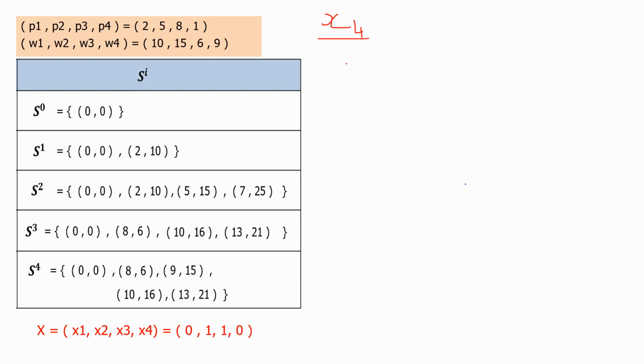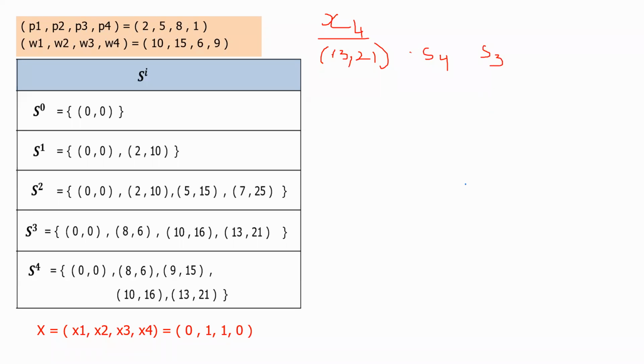So what is the last pair in S4? It is 13, 21. I'm going to check whether it belongs to S4 or not. Also, I'm going to check whether it belongs to S3 or not.